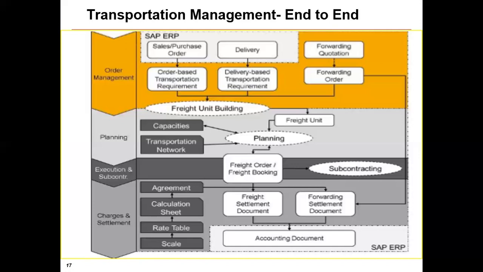A single freight unit may be a big pallet or big container placed on the transportation unit, TU, of the carrier truck or rail car, and then we create a single freight order, right? But sometimes, in order to reduce the cost and time in the transportation processes, we need to take a collective approach to create a single freight order for n number of multiple freight units.